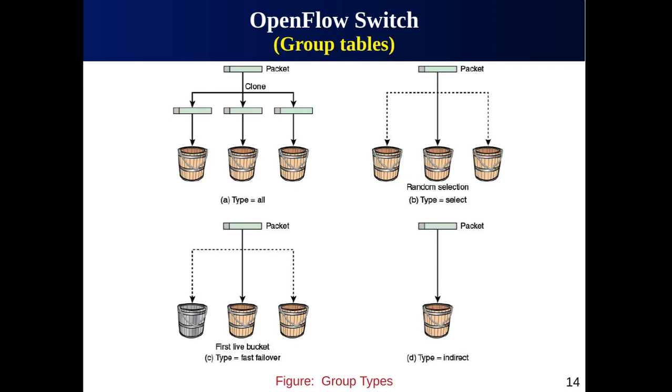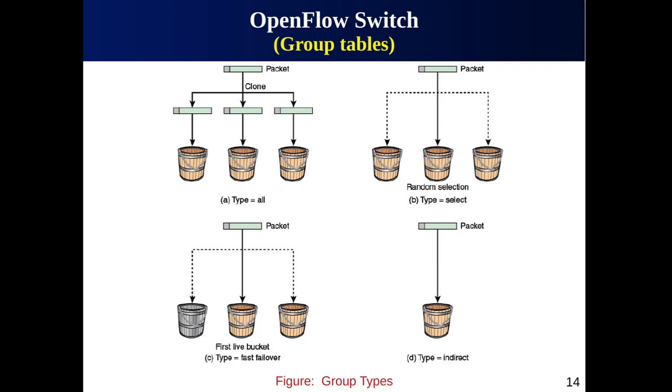Okay, now in the course of pipeline processing, a flow table may direct a flow of packets to the group table. Remember, sometimes we need to forward the packet from the flow table towards the group table rather than another flow table.